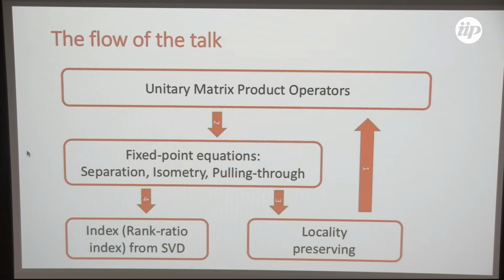And then by assuming only unitarity for MPUOs, we will prove some fixed point equations, which we call separation, isometry, and pulling through. And using these fixed point conditions, we will show that every MPUO is locality preserving.